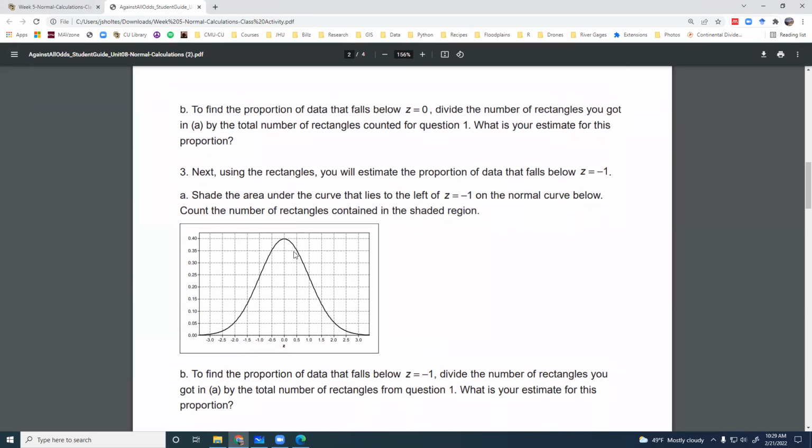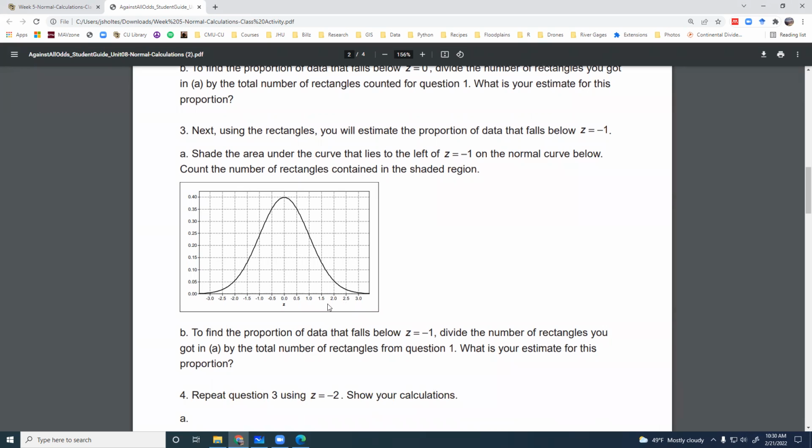Now we're going to divide this up and find the proportion of values that fall above and below the 0 mark. Just count that very quickly. Obviously, we know that's going to be 50%.